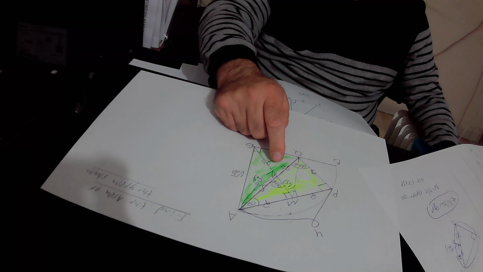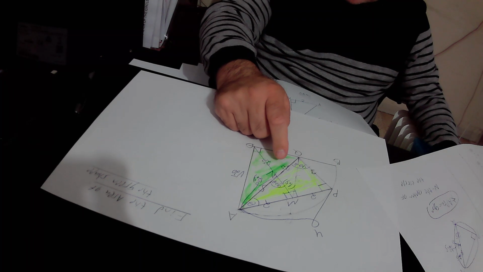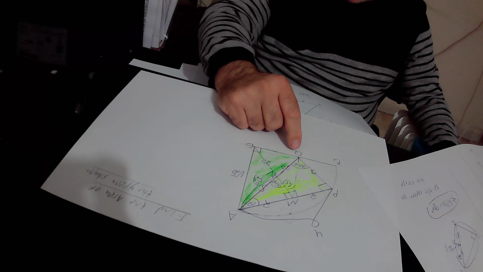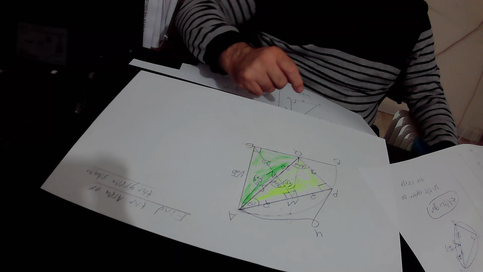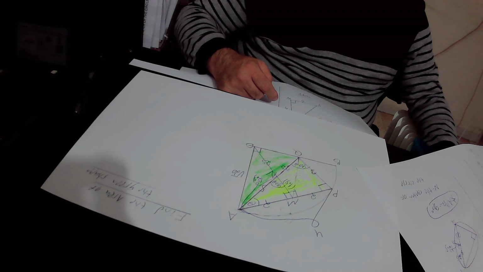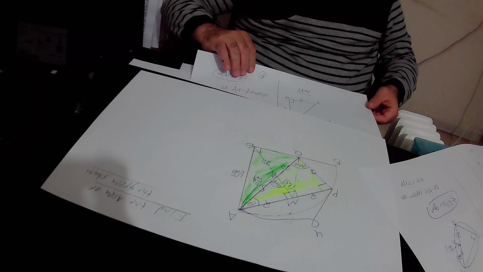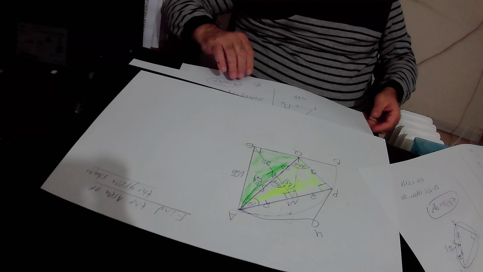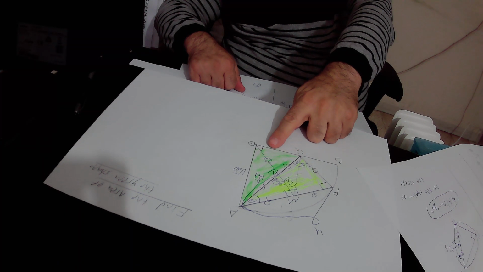Why? Because line segment NQ starts from point N, that is the center of the circle, and ends at point Q, that is a point on the circle itself. Therefore, NQ is also the radius of the circle, equal to 2.5 units. And here NO is also the radius of the circle.